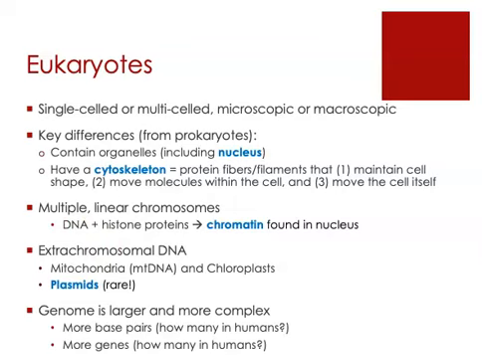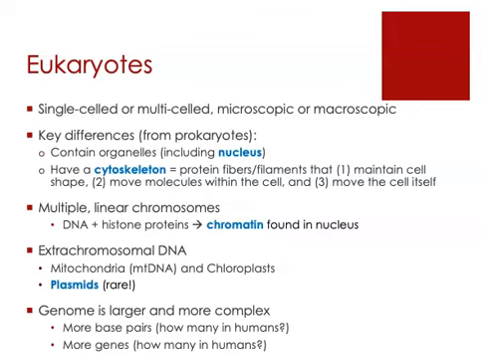Now, if we look at the genetic material in a eukaryotic cell, we also see some important differences between the eukaryotes and the prokaryotes. In a eukaryotic organism, the DNA is found in multiple pieces, multiple linear chromosomes. And recall that in a prokaryote, we typically see a single circular chromosome.